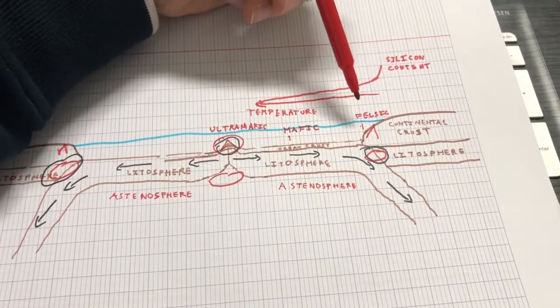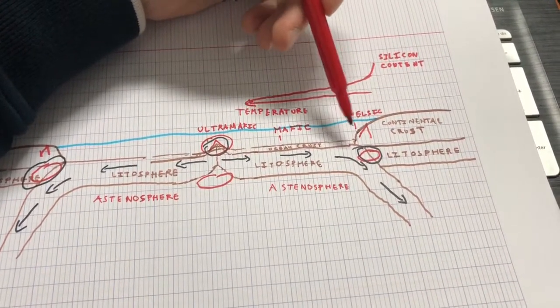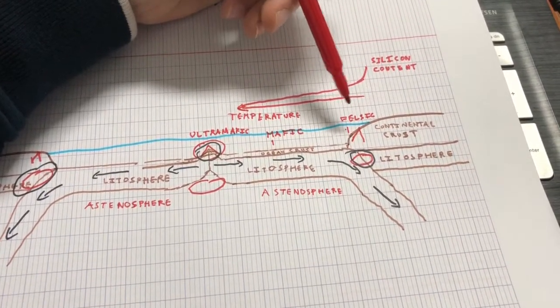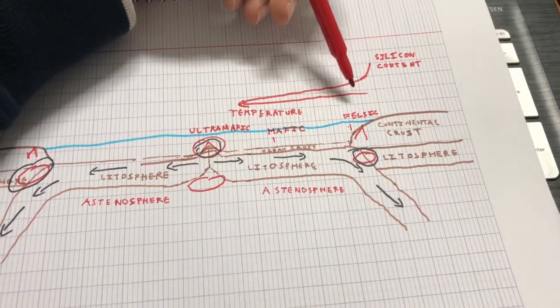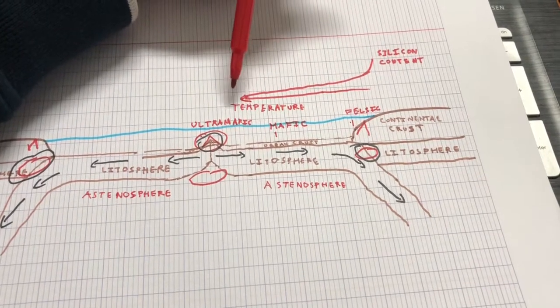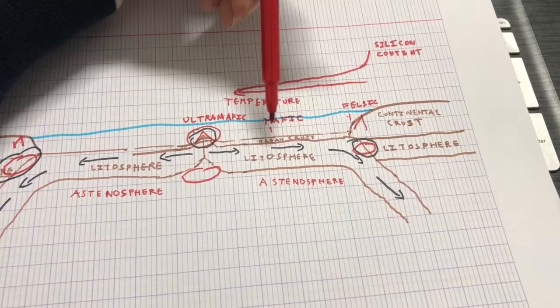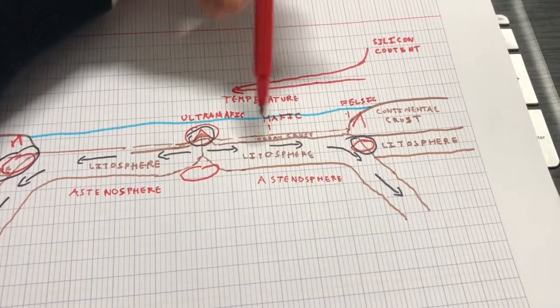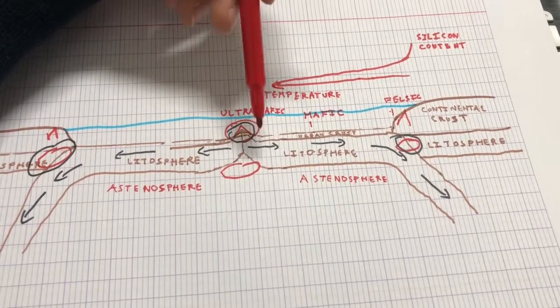So we can find felsic rocks here, which is a type of igneous rock high in silicon content, and with the increase of temperature we can find more mafic rocks here, and then ultramafic rocks at the ocean spreading ridge.